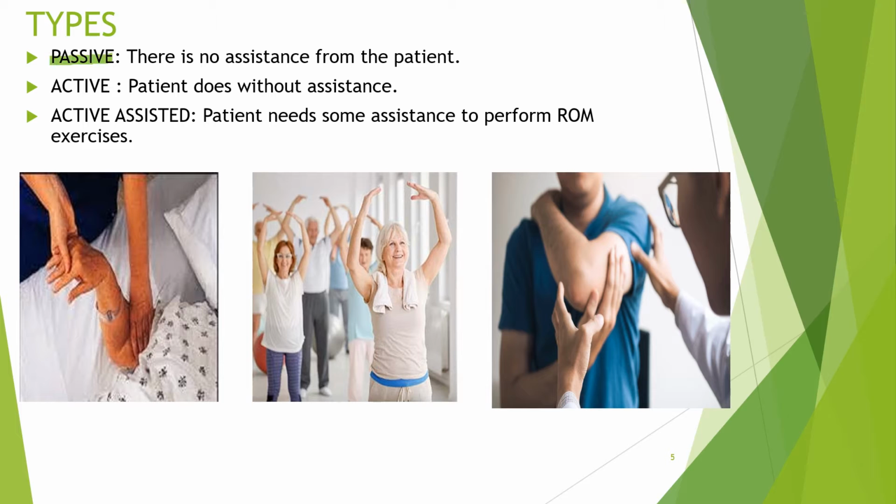In the passive exercise there is no assistance from the patient. This is important to remember. In the active, the patient can do it without assistance. And in active assisted, the patient needs assistance to perform the exercise.